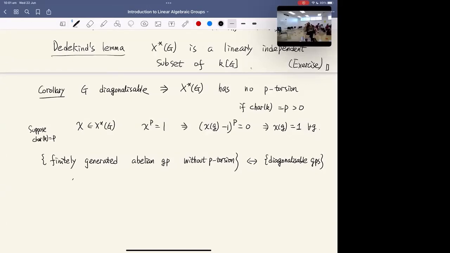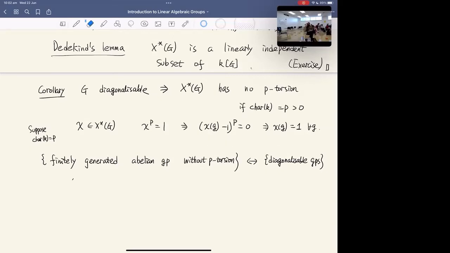Are you using the freshman's dream step? I don't know what the freshman's dream is. (x plus y) to the power p is x to the p plus y to the p. Yes, yes. So if you want, in characteristic 2, I can write chi g plus 1 to the 2 equals 0. So then this means chi g is equal to 1. Right.